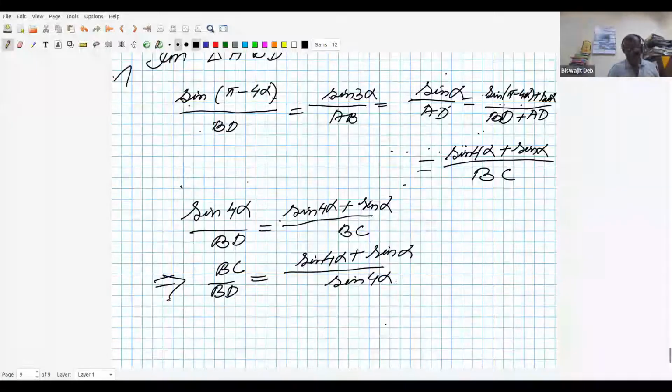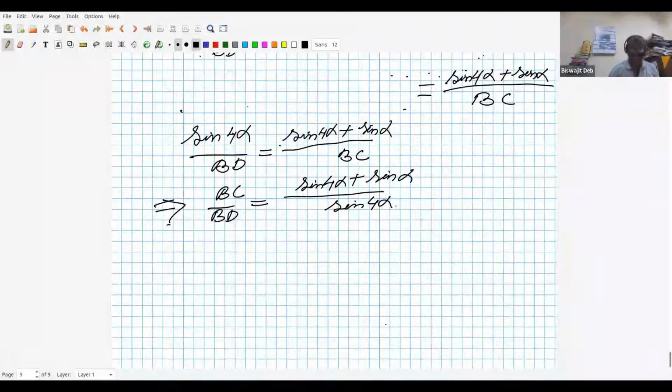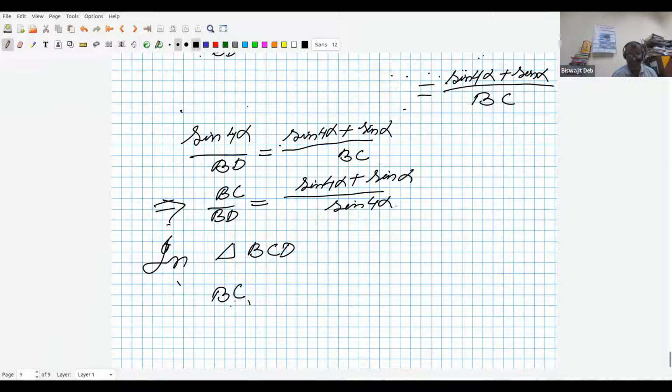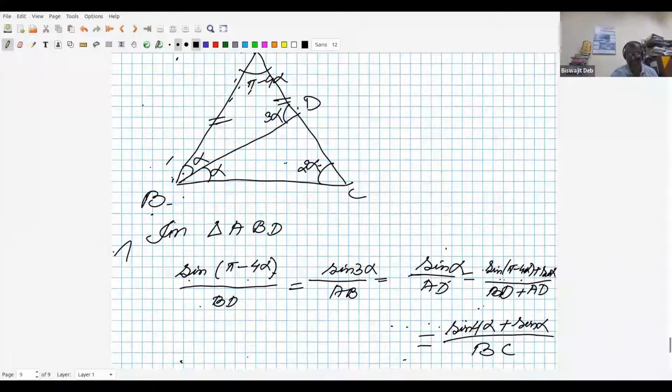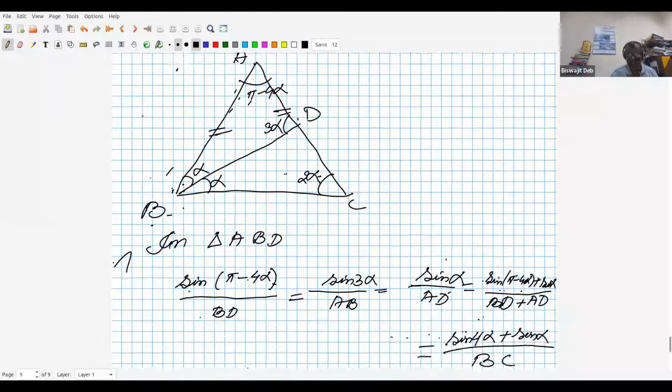Similarly, if you consider the other triangle BCD, similar type of results you can get from there. So first we took ABD and then we are taking BCD.